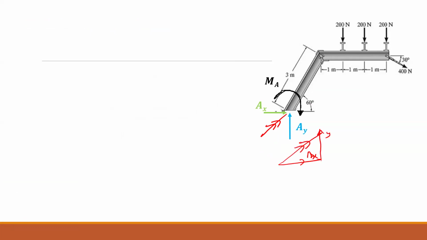So you can find the resultant without keeping AY and AX separately as two forces. You can find the resultant force and the direction of the resultant force at A when you have a pin. So we normally don't keep as two components. We add them together and make it a single force when we give the answers.